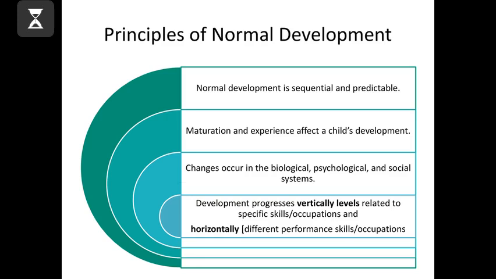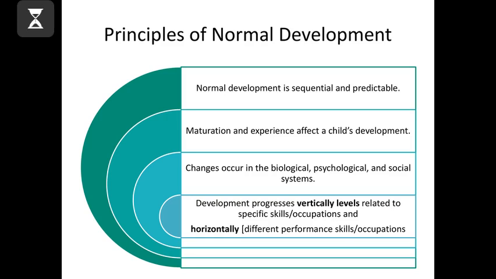When we are thinking of the psychological system, we are thinking of emotional and behavioral changes. And when we think of the social system, we think of the context, the immediate environment, and society as a whole. So, again, we know that context can impact skill development, as can changes in the systems.